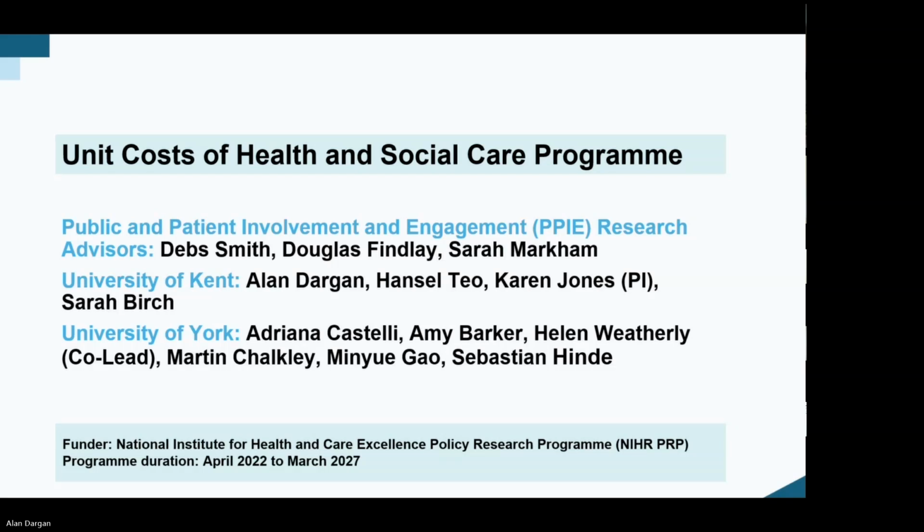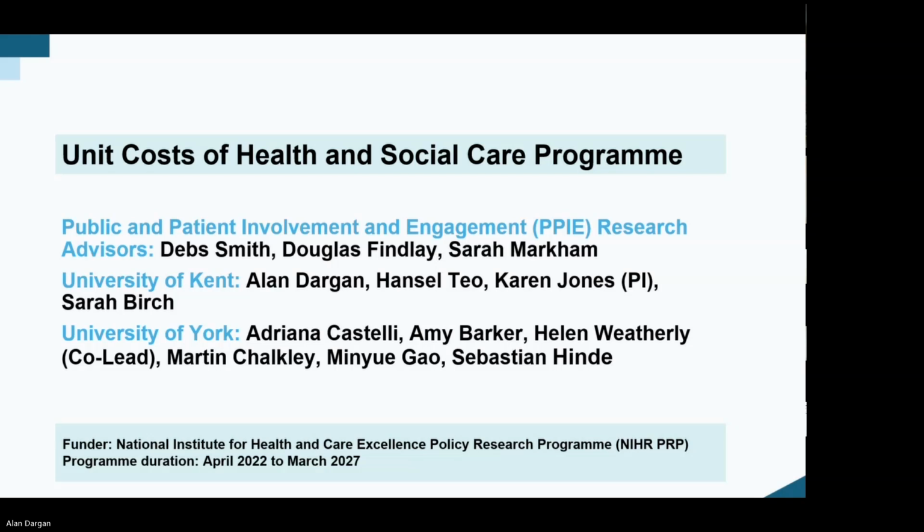So as a team, we put together a bid, and this involved our research advisors, our members of the public. So we see the contribution of the research advisors as threaded absolutely throughout the concept, the design, and then the delivery of the programme. And you can see that this programme is running for 5 years.